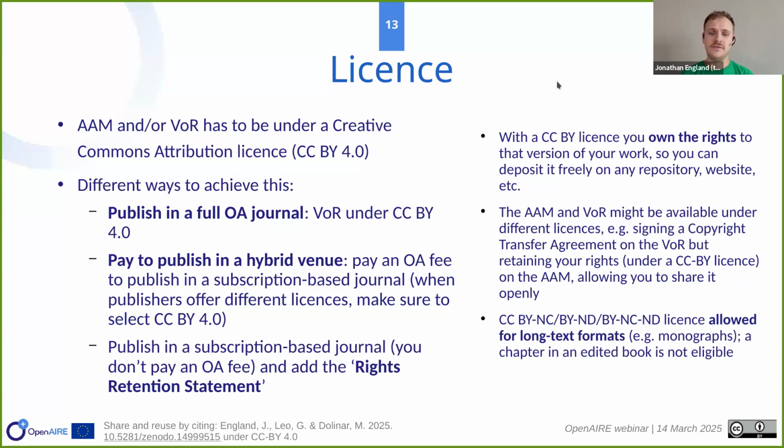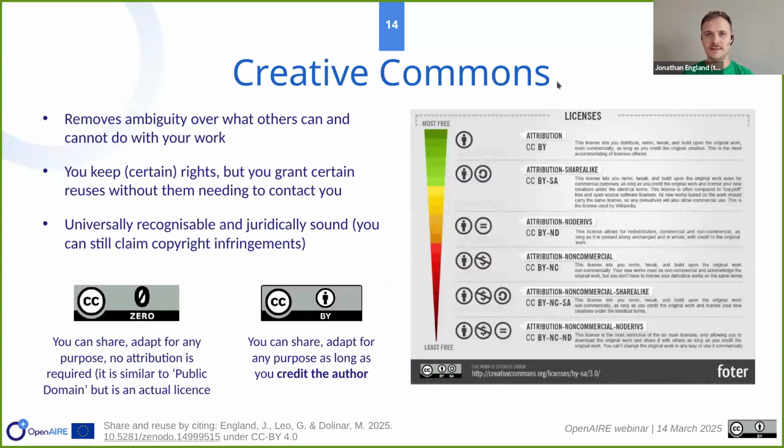Another thing is that if you're more in the humanities, social sciences, you can apply a more restrictive license to your long-term formats, so monographs. A chapter in an edited book is considered as a journal article, so it wouldn't be eligible for that more restrictive license.